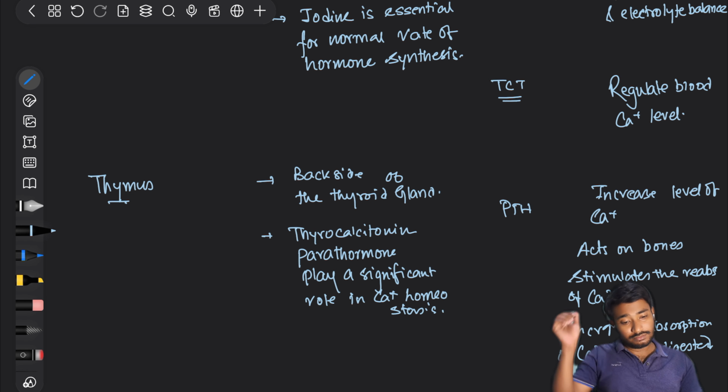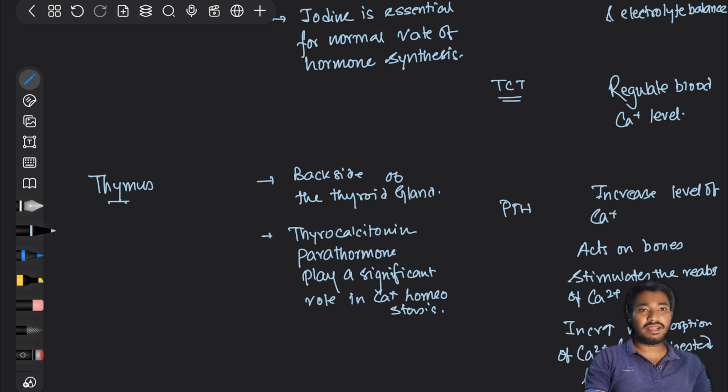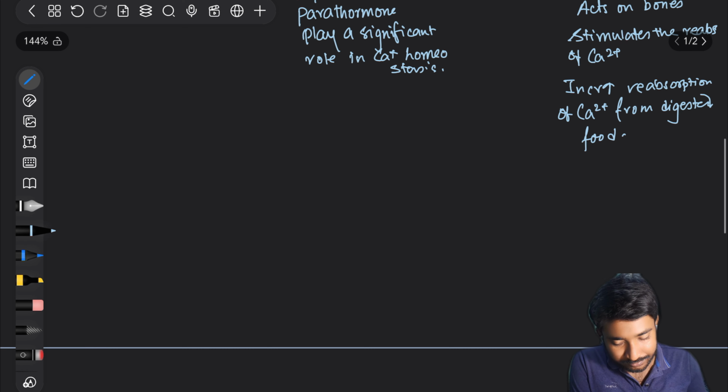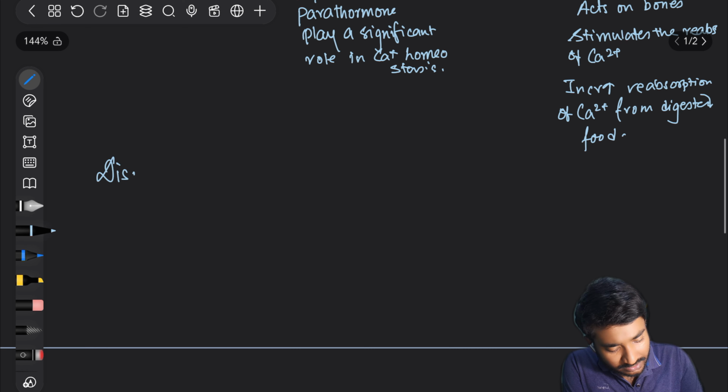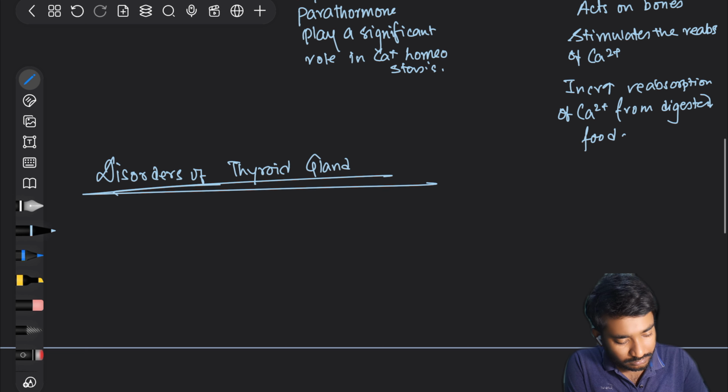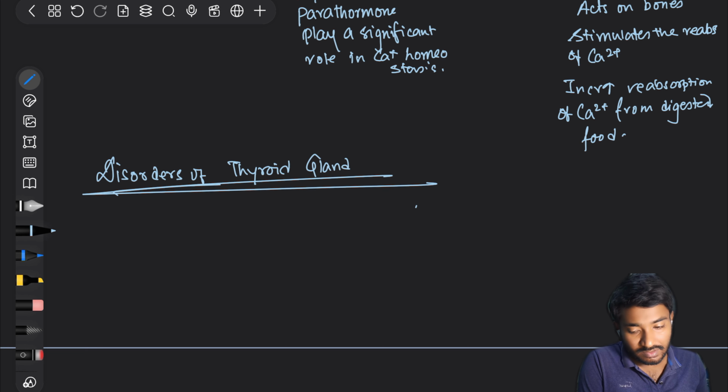These mind maps are made in such a way that they help you recall the important parts of this chapter during the examination. Now come to the disorders of the thyroid gland.